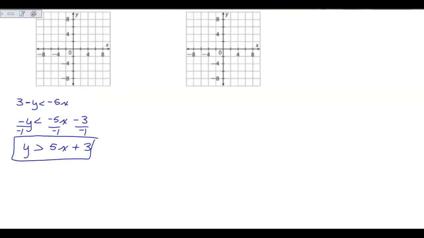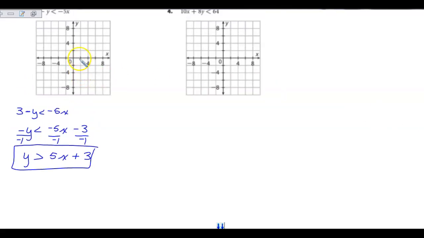Again, my graph is going by 2's. I can leave it at 5 for my slope, or I can take the 5 and put it over 1 and multiply it by 2 over 2, which is 1, and that becomes 10 over 2, and that might make it easier to graph. We're going to start at 3.